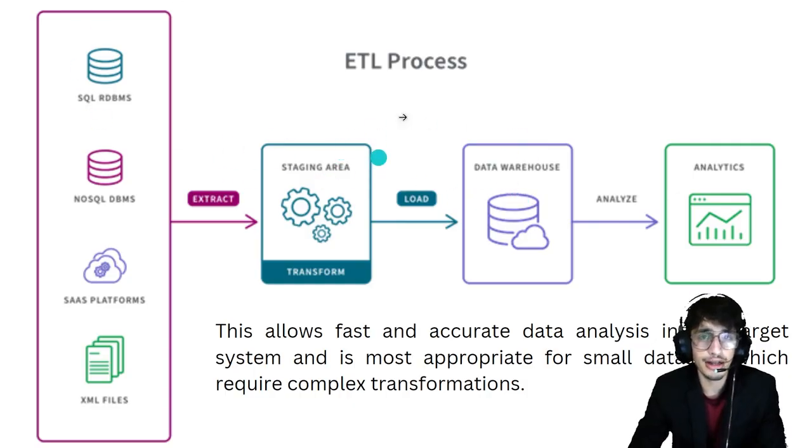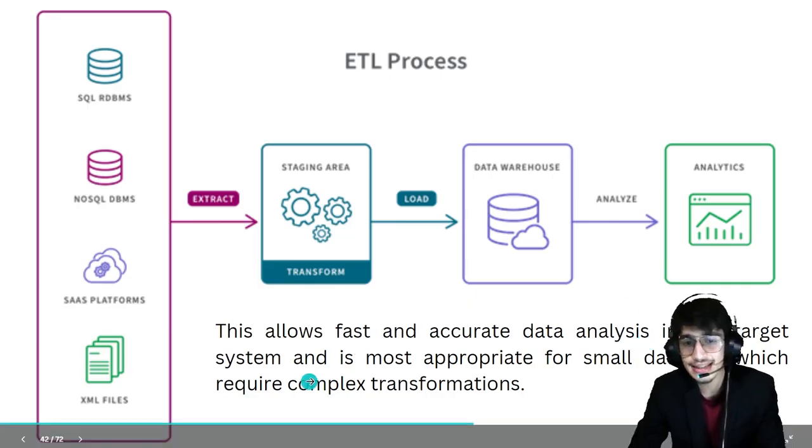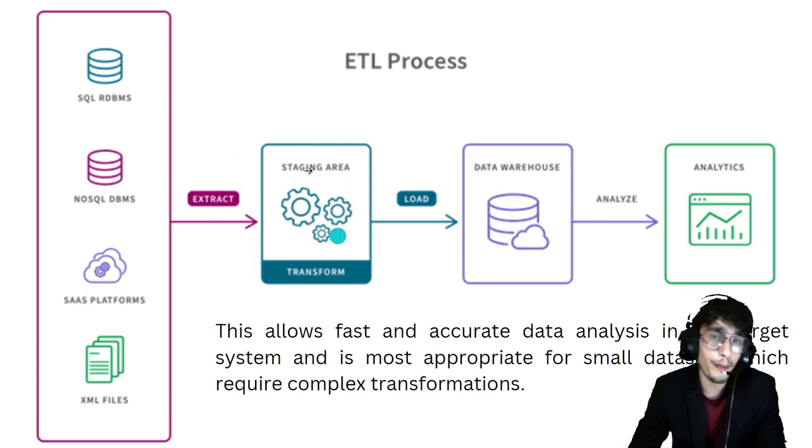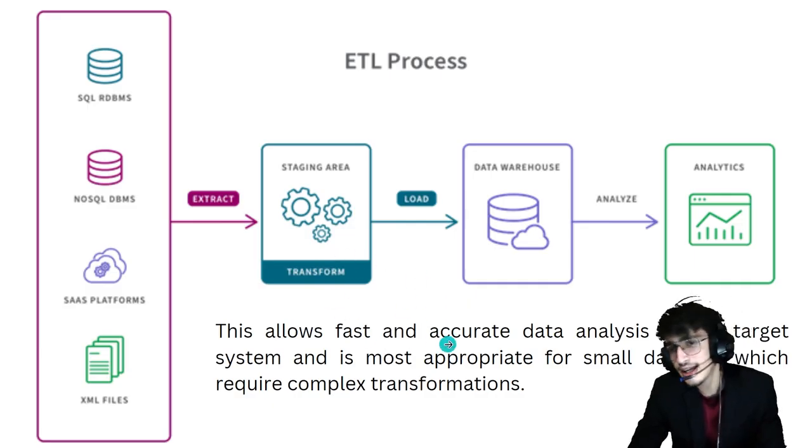These three steps of ETL are extracting, transforming, and loading. Just remember that it allows fast and accurate data analysis in a target system and is most appropriate for smaller data which requires complex transformation. I am saying it again and again because it's important. It can be asked in your interviews or in your exam.